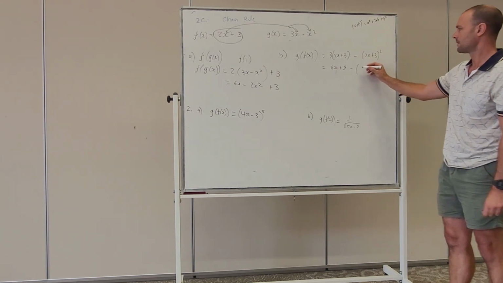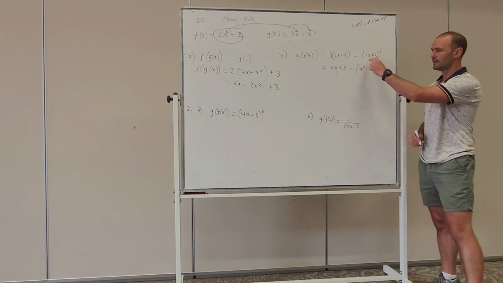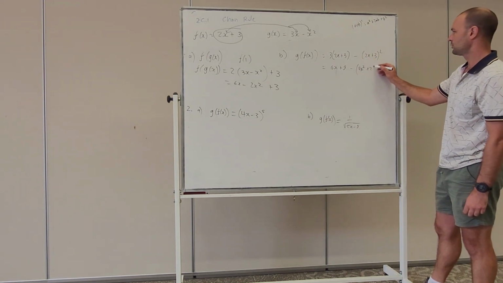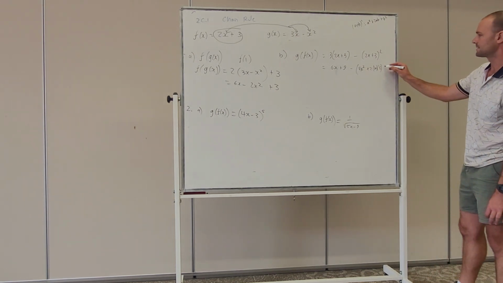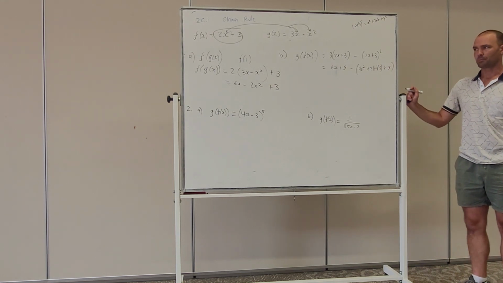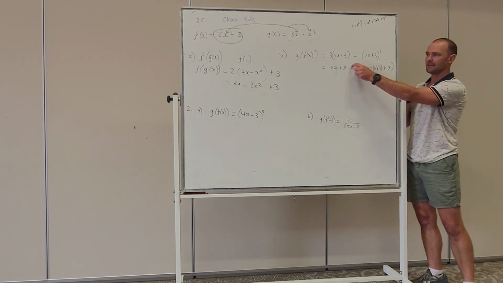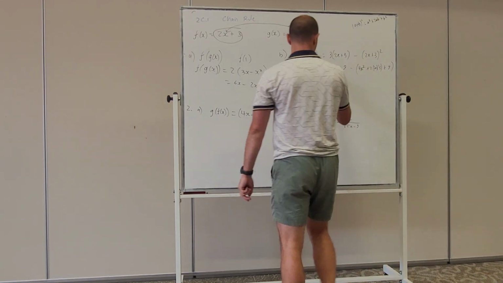So here we're going to have 4x squared, the a term squared, and then plus 2ab, and then plus b squared. Now I've put it in brackets because that negative needs to distribute to every term in the brackets. So we'll go through and do that.